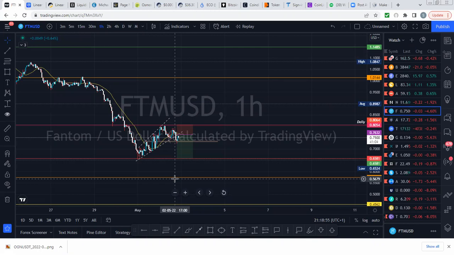But whenever price touches 38.2, that means there will be an aggressive pump or aggressive dump. Price moves impulsively when price touches 38.2.